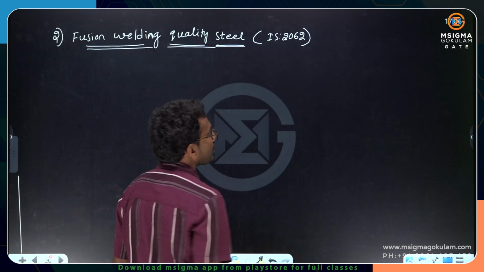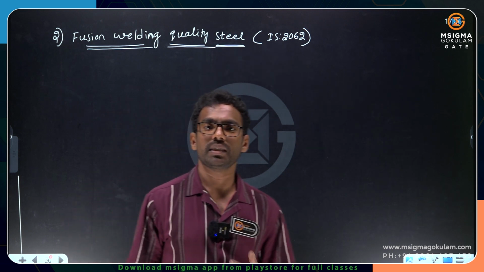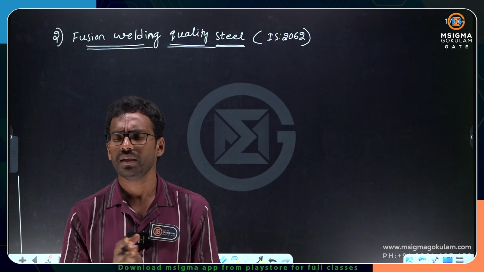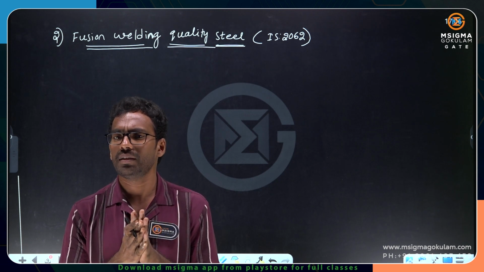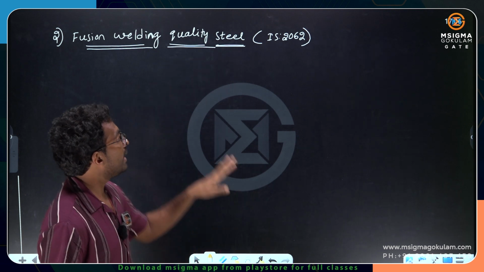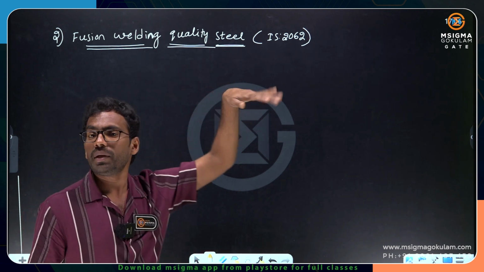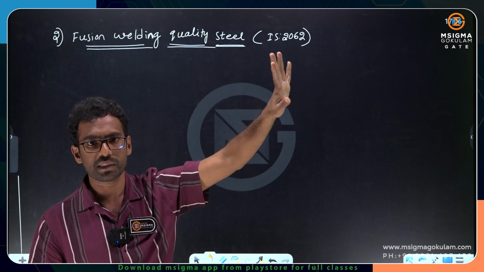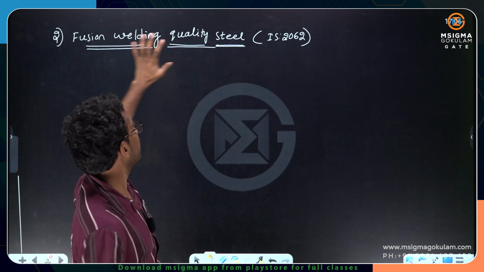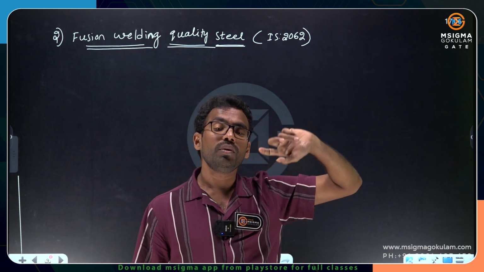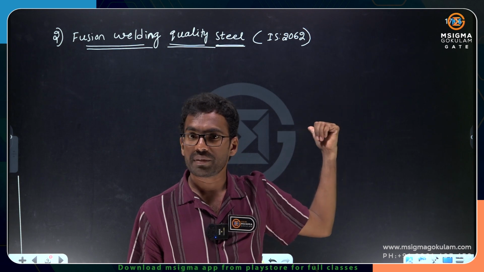Fine. So what is the basic difference between standard quality steel and fusion welding quality steel? This particular steel is manufactured only for weldability applications. It has good weldability when compared to standard quality steel. We can go for welding of any thickness. There is no restriction on weld thickness in the case of fusion welding quality steel. Where are we going to use this fusion welding quality steel?